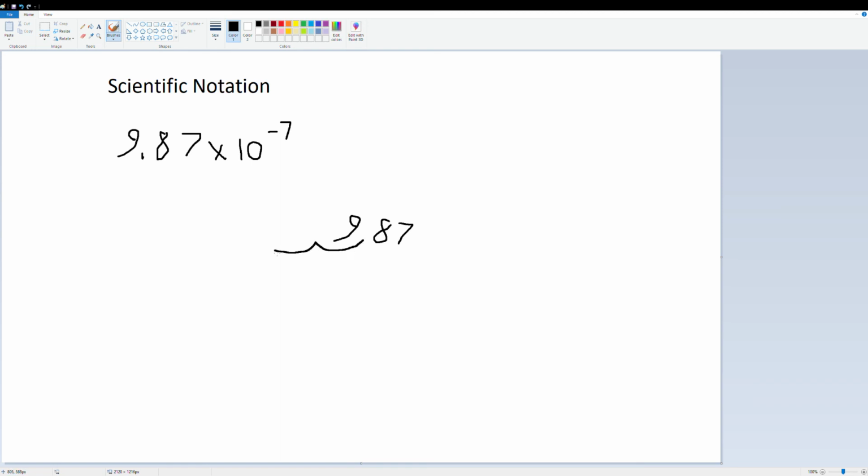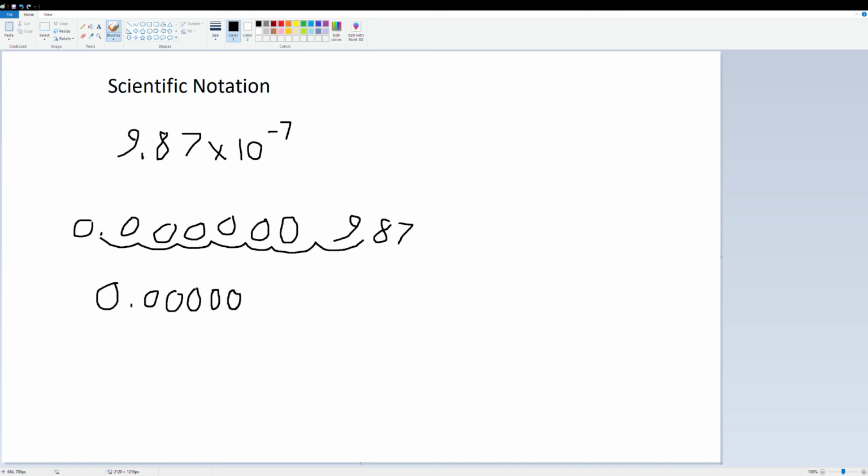So we're going to move it once, twice, 3 times, 4 times, 5 times, 6 times, 7 times, and simply fill in the zeros. And of course the decimal point is here, and you can put a 0 here just for your own sake. But that's how we're moving the decimal point over. So we can simply write it out now as 0.00000987.